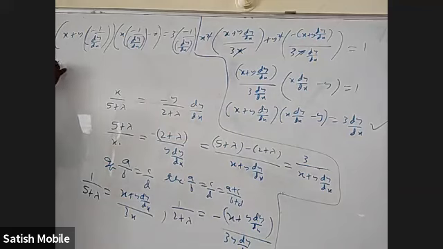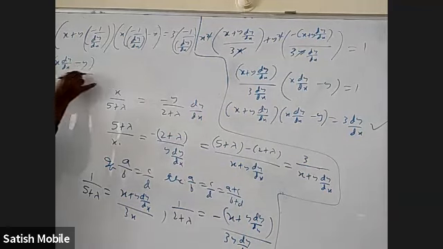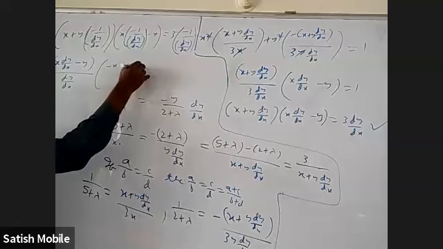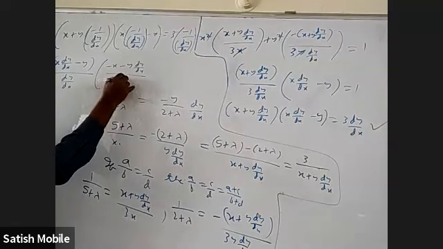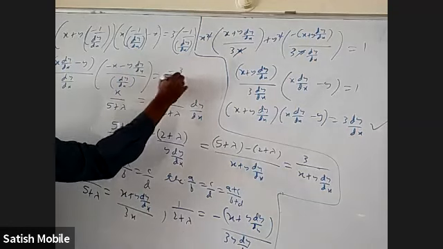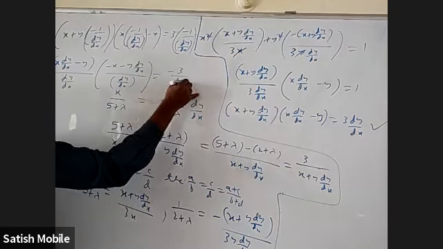I take the LCM here, and I'll get (x dy by dx minus y) by dy by dx, here minus (x minus y dy by dx) by dy by dx, here minus 3 by dy by dx.